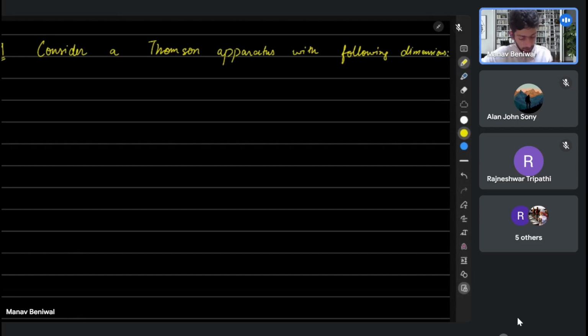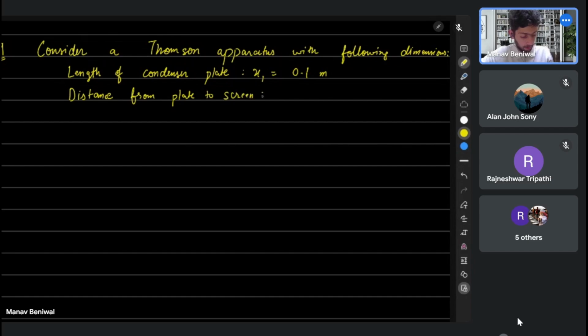Now what are the dimensions? Your length of condenser plate, x1, is equal to 0.1 meters. Distance from plate to screen, x2, is 0.45 meters.